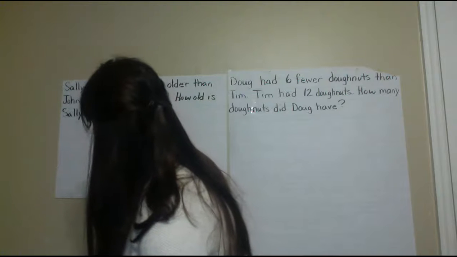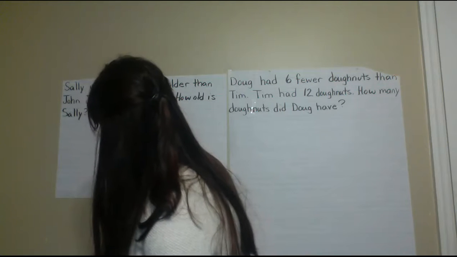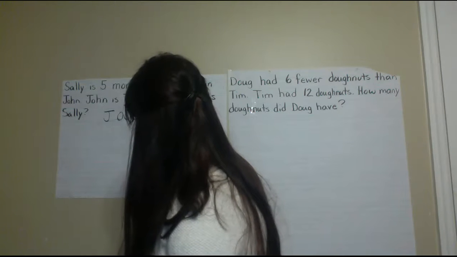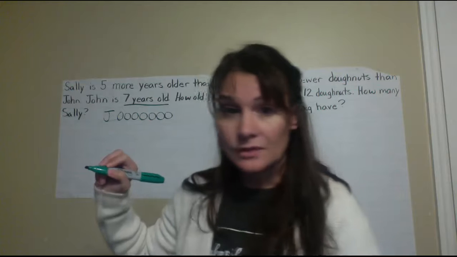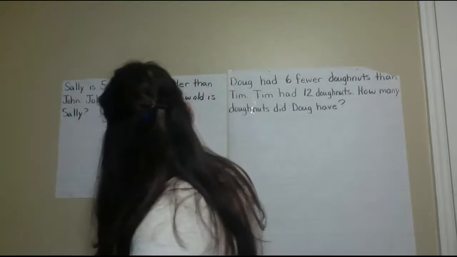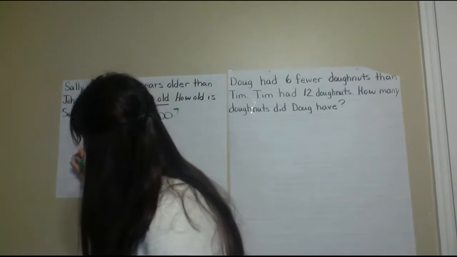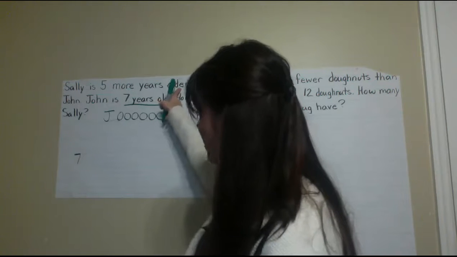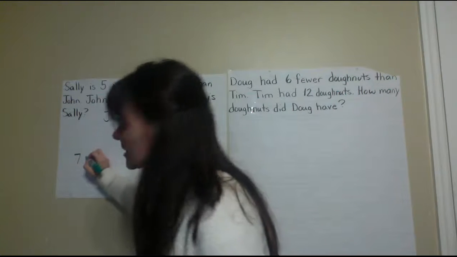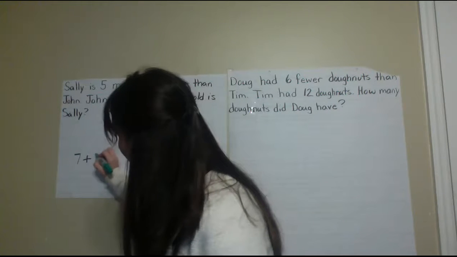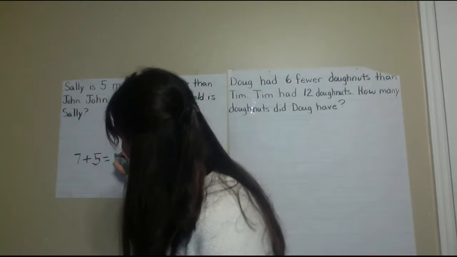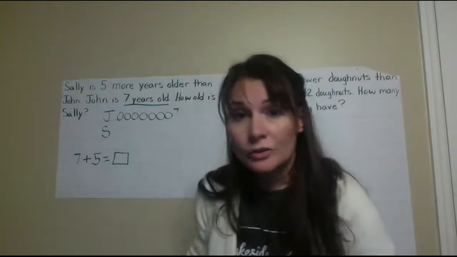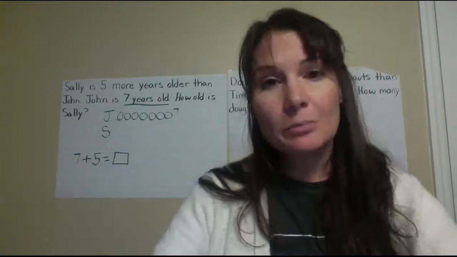If John is 7 years old, there's how many years old he is. He's 7. And Sally is 5 more years older. And that tells me I'm going to be adding. So I'm going to go 7 plus 5 more years will tell me how much Sally is. On your paper, go ahead and try to use your manipulatives to solve.